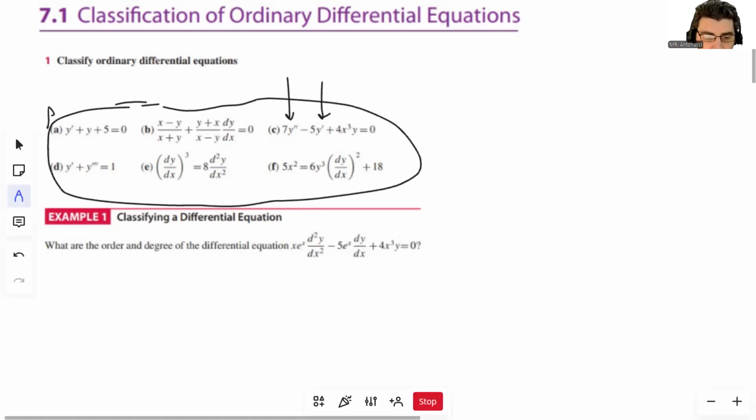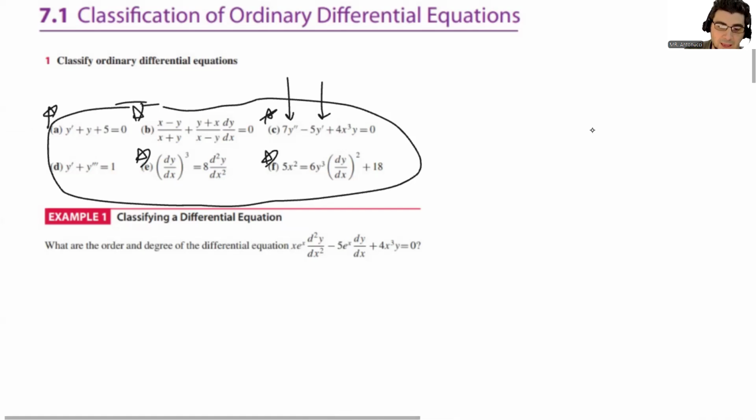So A, B, and F would be considered first order differential equations because their highest derivative is the first derivative. Equations C and E are second order. Again, highest derivative is the second derivative. And D is a third order differential equation, again, because the highest derivative is the third order there.